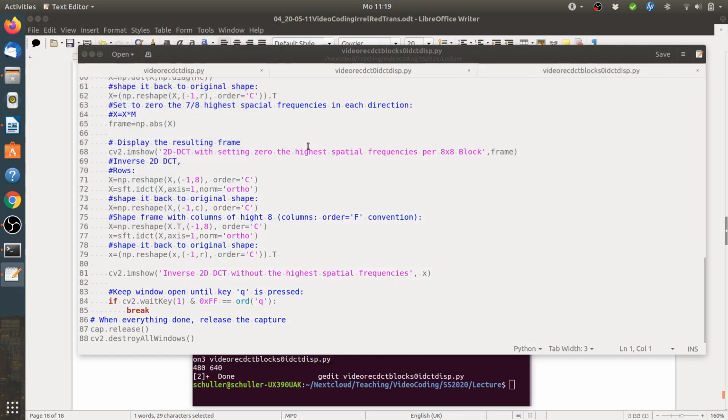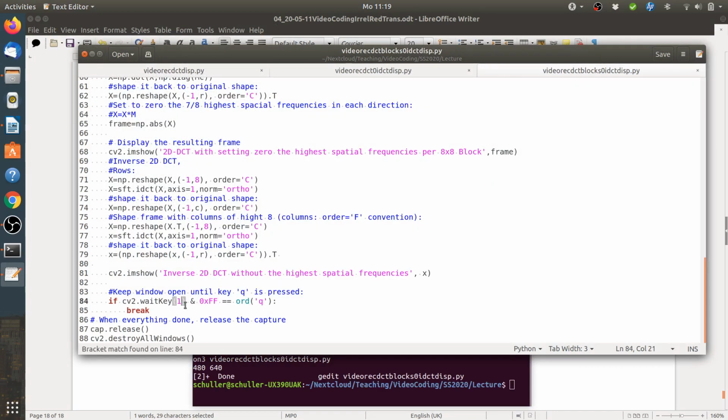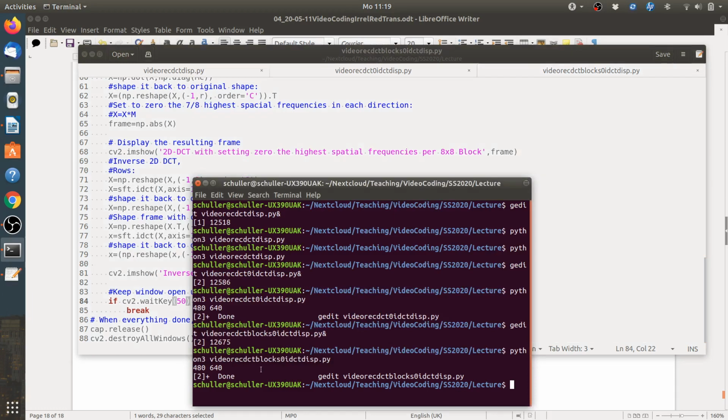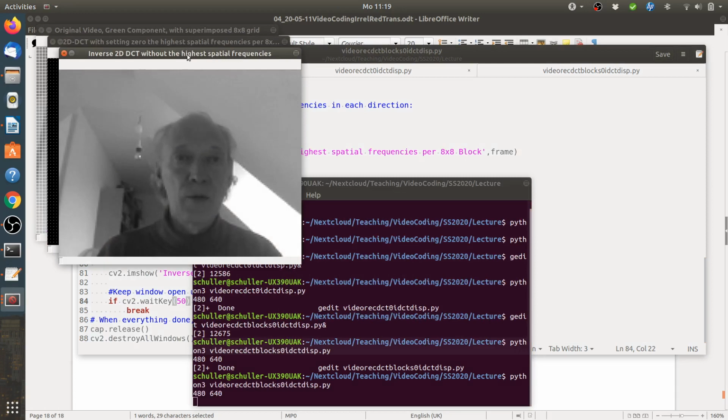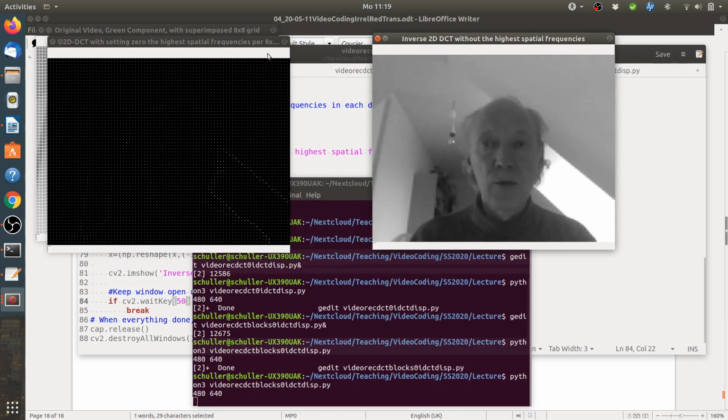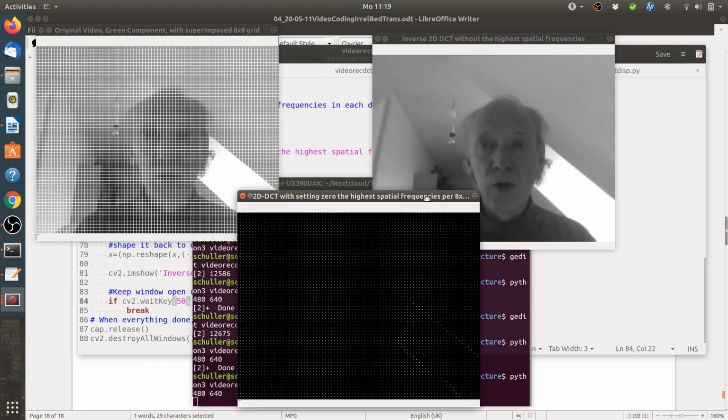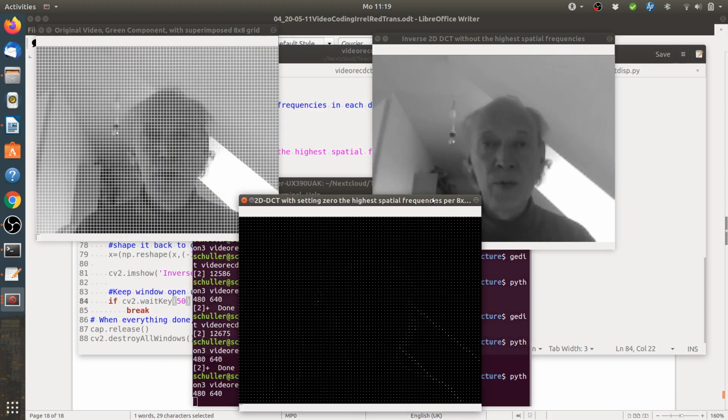So actually I also want to make this a little bit more lightweight on my computer here. So 50 milliseconds for the wait key, that gives me 20 frames per second. Okay, so now 20 frames, still working in real time, that's good.